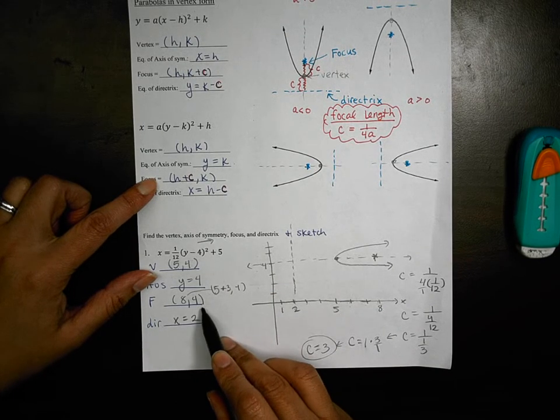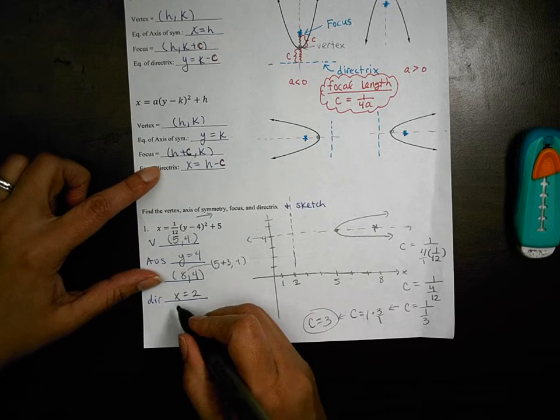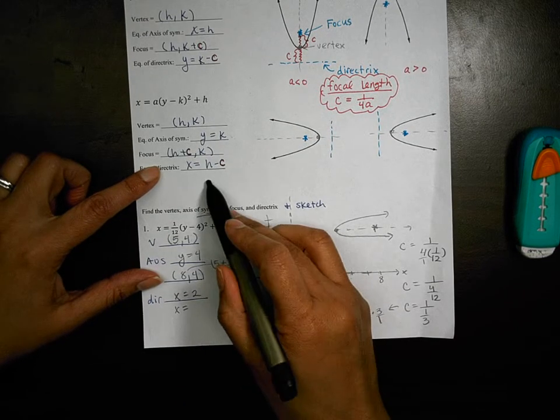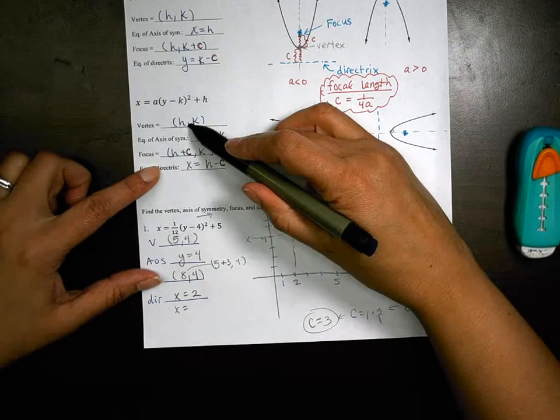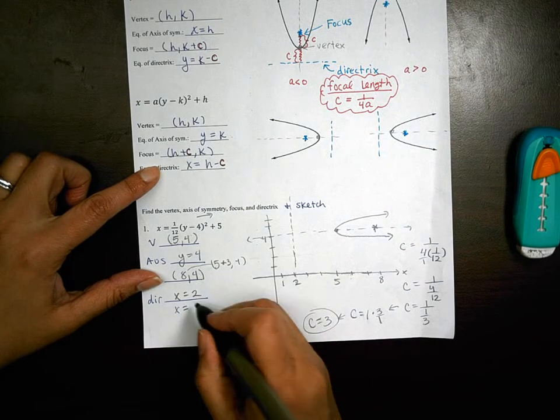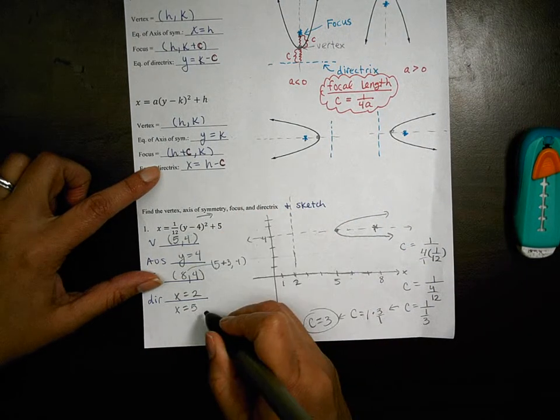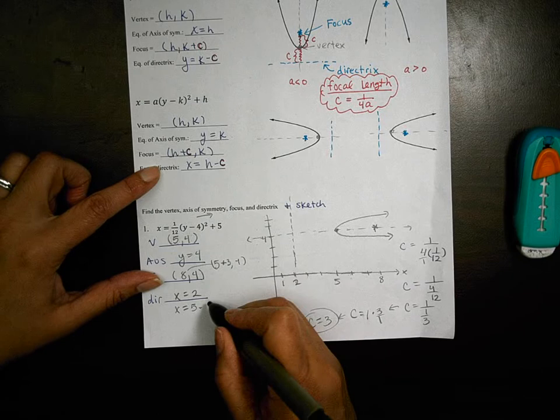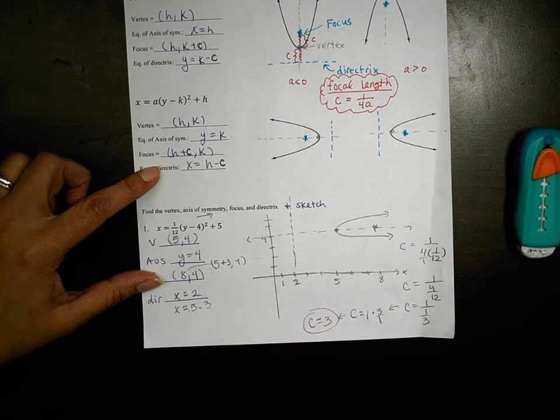That worked. Here would have been x equals h minus c. H is 5 minus c, 3, and 5 minus 3 is 2.